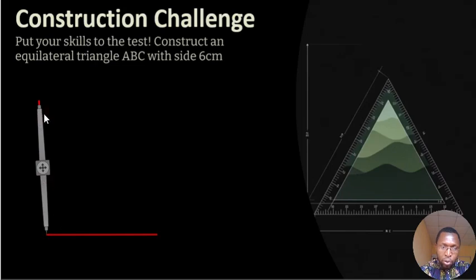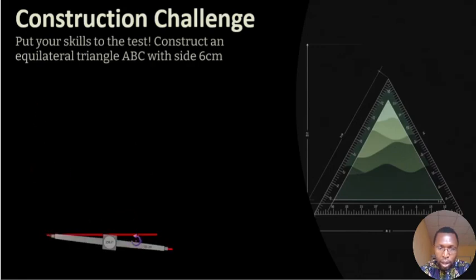You reduce your compass to the same length, since you have already measured 6 centimeters with your ruler. So this length is 6 centimeters.